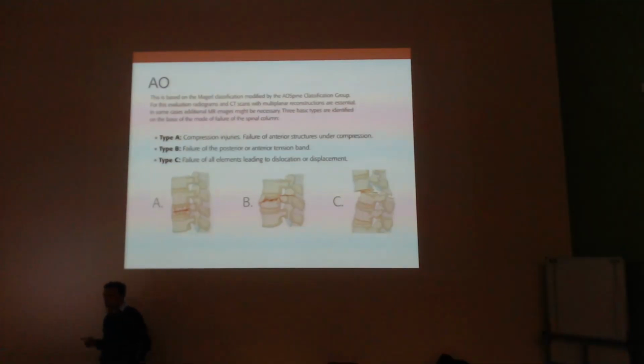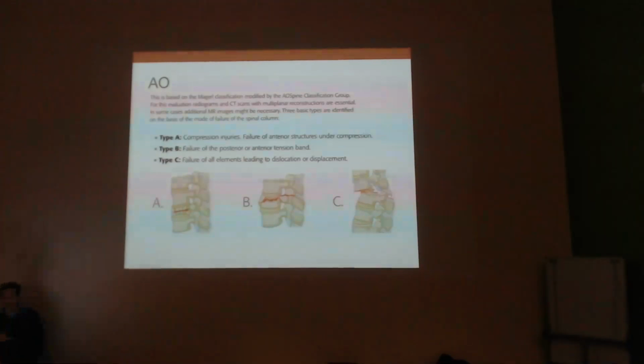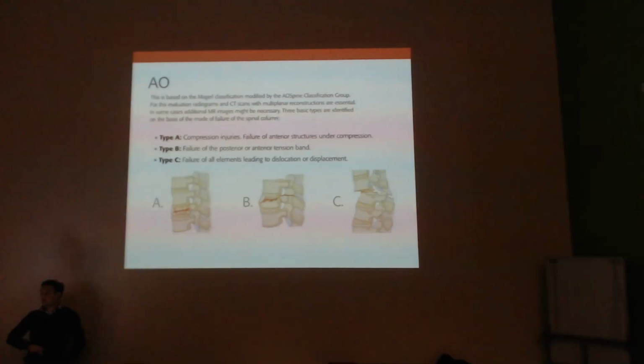Yeah, because the only person I knew who used to use it regularly was Ian Nelson. He would classify it and go A, B, C. In general terms, A is a compression injury, so failure of the anterior structures. B is a failure of the posterior structures, and C is a failure of all the elements leading to dislocation or displacement.